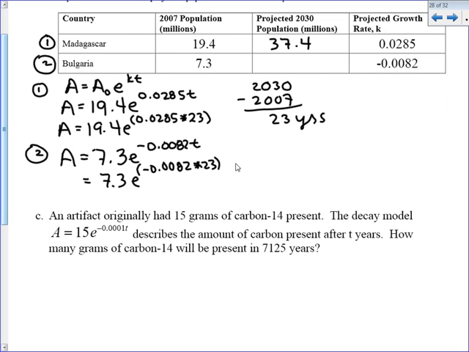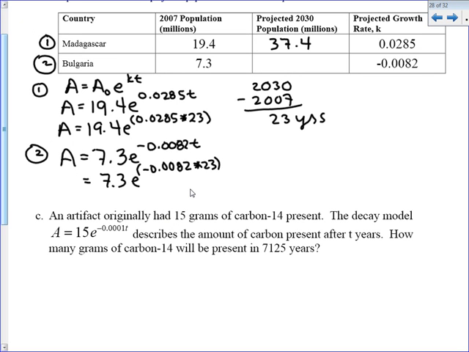So then using your calculator, we want to find out, rounded to 1 decimal place, Bulgaria's population in 2030. What do you got? 6.0? It's 6.04. So the 4 tells you to keep it at 0.